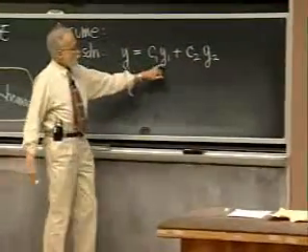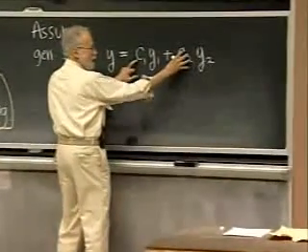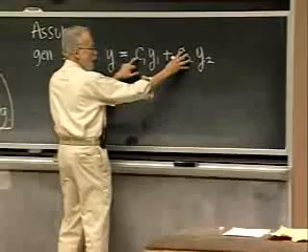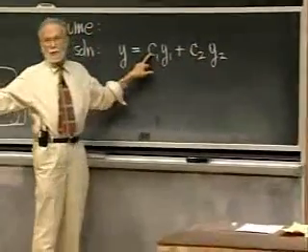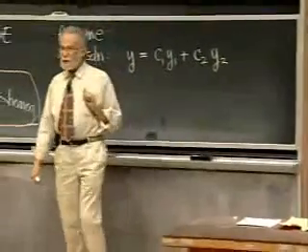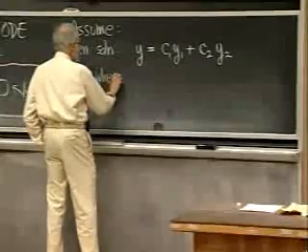Now, what are the y1 and y2? Well, as you can see, if these are arbitrary constants, if I take C2 to be 0 and C1 to be 1, that means that y1 must be a solution to the equation, and similarly y2. So y1 and y2 are solutions.